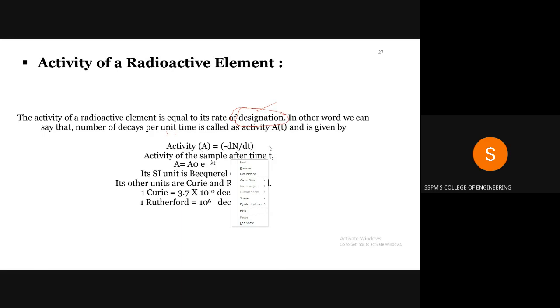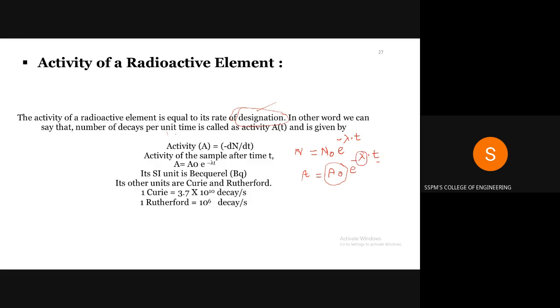That is simply N equals N0 e raised to minus lambda t. On a similar strategy, we can write A equals A0 e raised to minus lambda t. So the activity at any time is expressed in terms of the activity at the initial stage, with lambda as the decay constant.